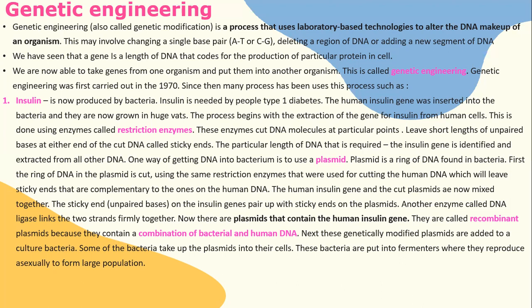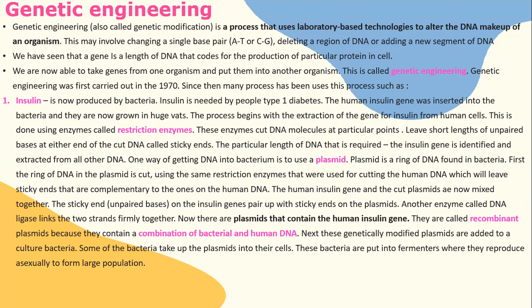The human insulin gene and the cut plasmid are now mixed together. The unpaired bases on the insulin gene pair up with the sticky ends on the plasmid. Another enzyme called DNA ligase links the two strands firmly together.